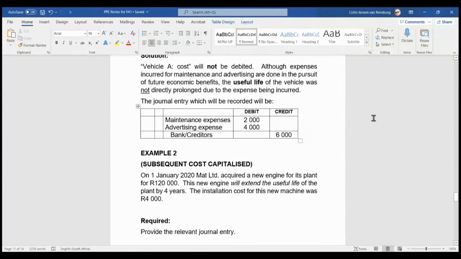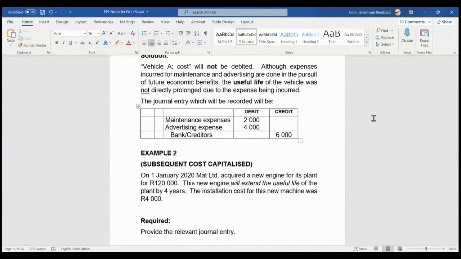Sorry about that interruption. So the old engine for that plant has seized up, and we've replaced it with a new engine. So now the question is, should that 120,000 be written off as an expense, or should that be capitalized as part of the cost?